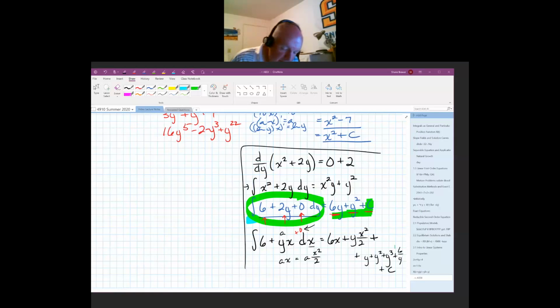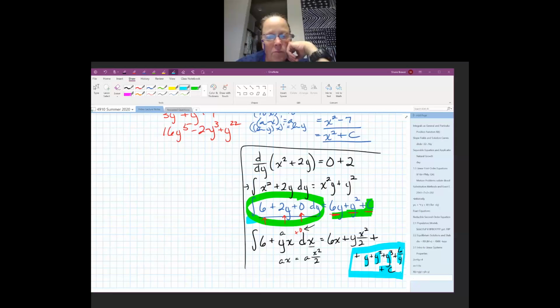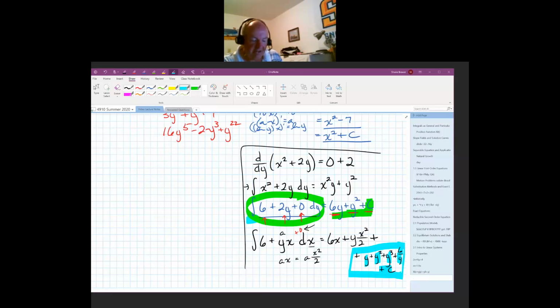C could be a constant, but it could be all of these other y terms, because if I take the derivative of all of that in blue with respect to x, it's just a big fat 0.